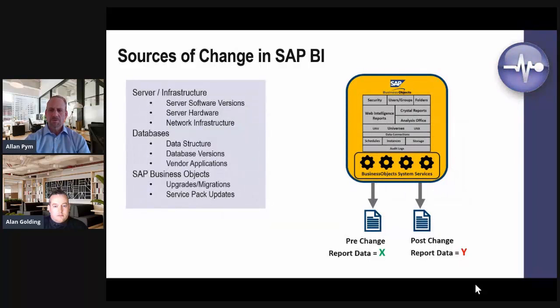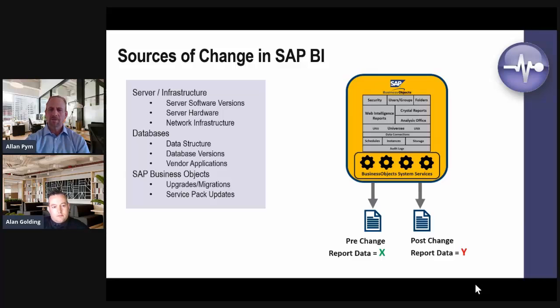So as we look not only at the business objects technologies within itself, its system services, but also into the server infrastructure, whether that's software, hardware, databases, database changes, versions, vendor application changes that impact that, and the business objects system itself through upgrades and the services that get changed there, that can really impact the data being produced by the business objects system.